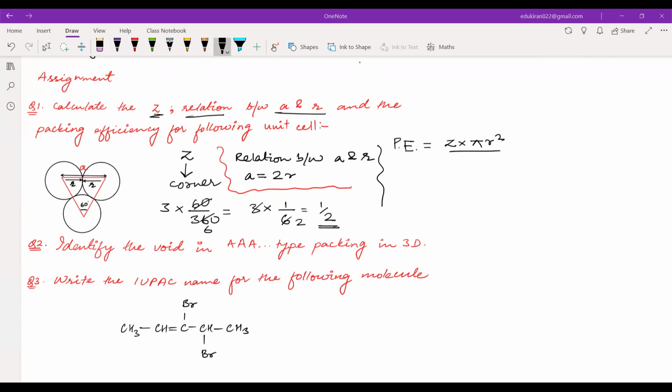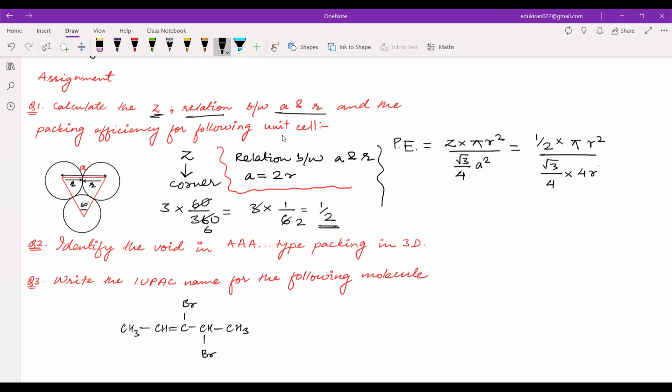This is an equilateral triangle now, so the area of an equilateral triangle is root 3 by 4 A square. And we know that A is equal to 2R. So we'll write this as Z, which is 1 by 2, into pi into R square divided by root 3 by 4 into A, which is 2R.